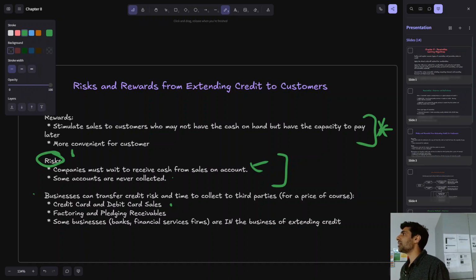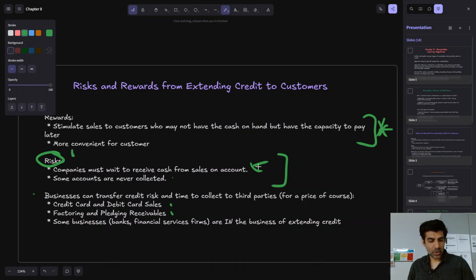We talk about credit card fees and all that, but instead of each business lending you money to buy stuff at their store, they'll outsource that to a bank. Okay, and they'll collect the money up front. Most of it, as we saw, there's fees associated with credit cards, but then they'll let the bank deal with collecting the money from you.